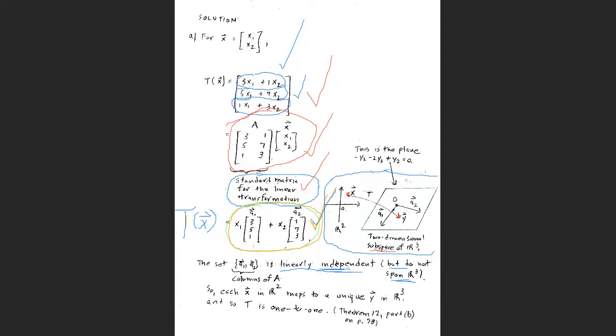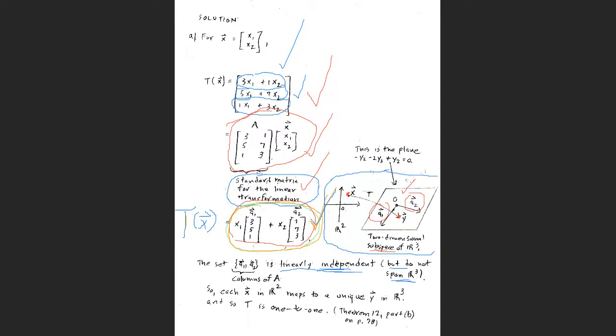So the space in R cubed defined by the transformation is a linear combination of these column vectors A1 and A2. Well, that's going to form this plane. That's a subspace of R cubed. The plane is generated by the span of these column vectors A1 and A2. Column vectors A1 and A2 are linearly independent.